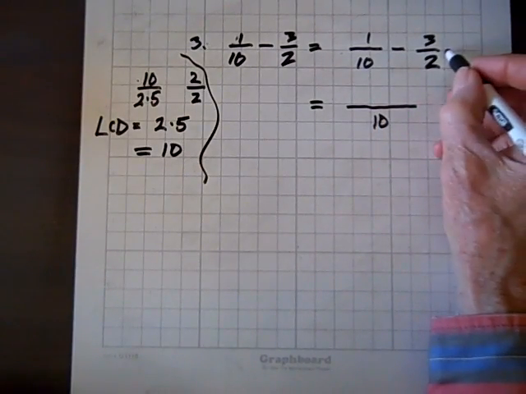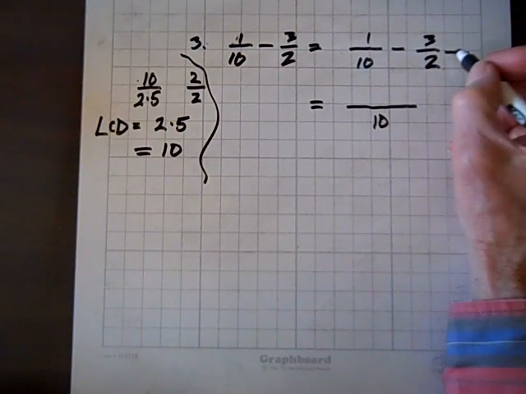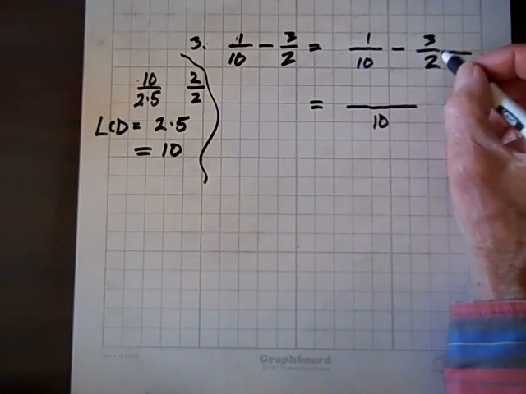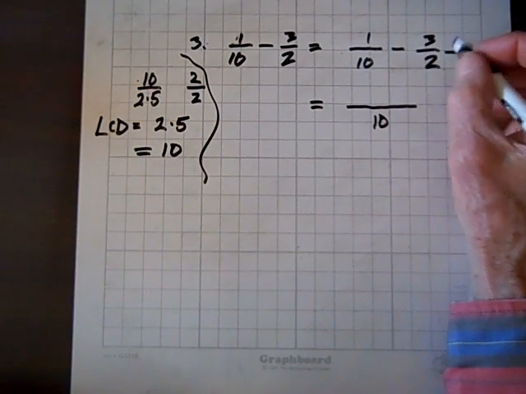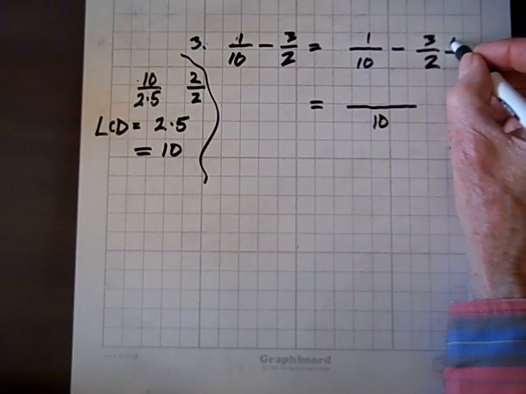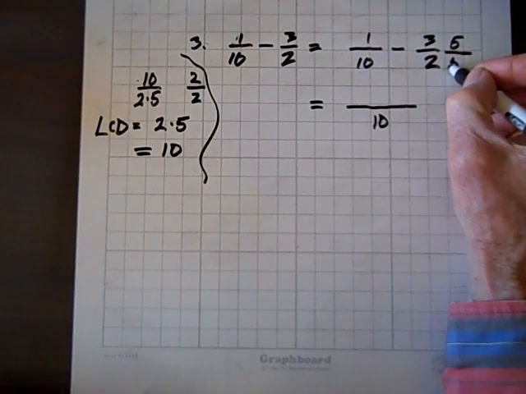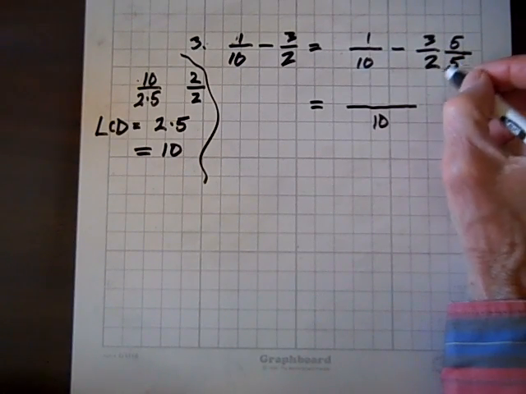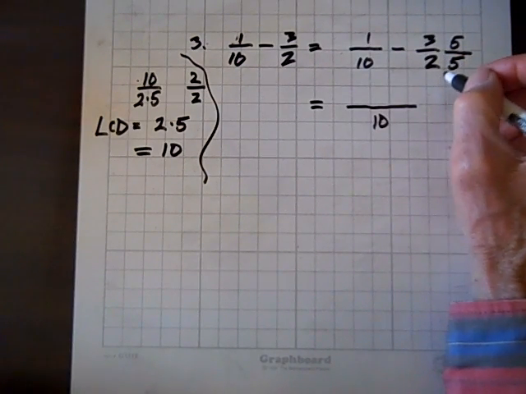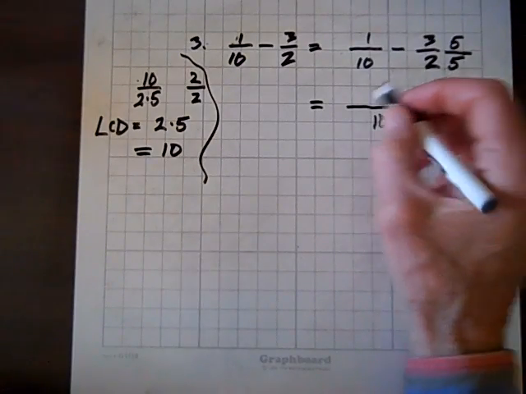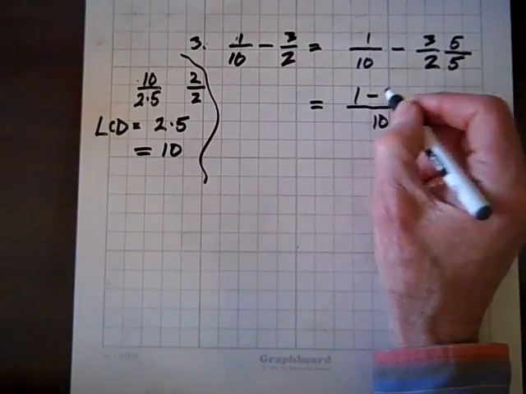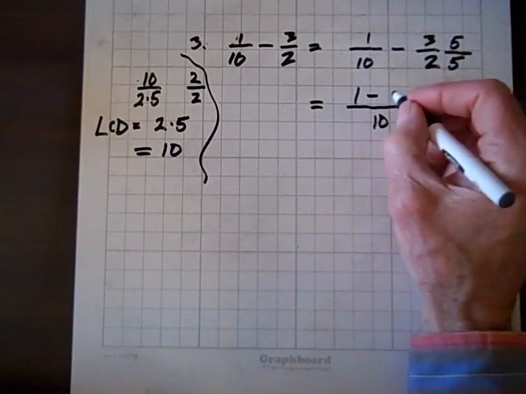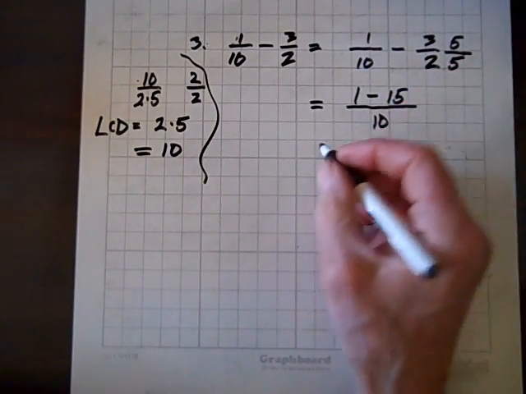But we don't have a 10 here. So we can only alter this by multiplying by 1. But 1 in the form of our choice. So one way to write 1 is 5 over 5. And notice 2 times 5 is 10. So now we have that common denominator. This already has it, so we have a 1 there. Minus, and 3 times 5 is 15.